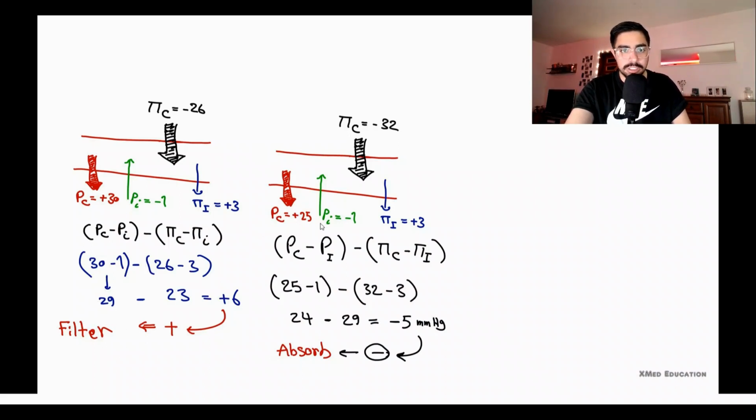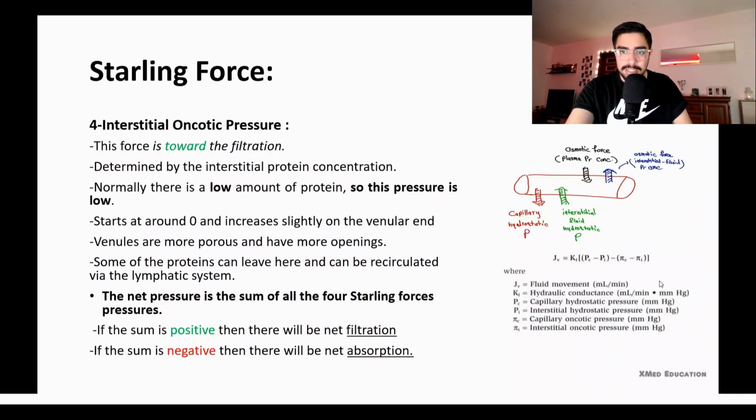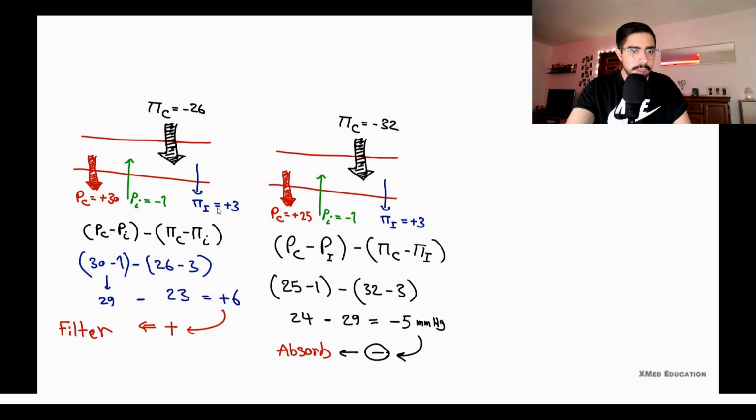However, here the hydrostatic pressure is lower than the oncotic pressure, so the final result will be negative. This is the equation that we had here. So this is the same equation. We just removed the hydraulic conductance, because it's a constant number, and these are the things that will change. So we're going to have absorption if the total number is negative.